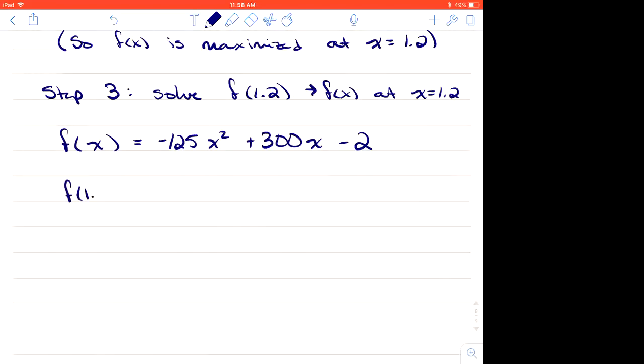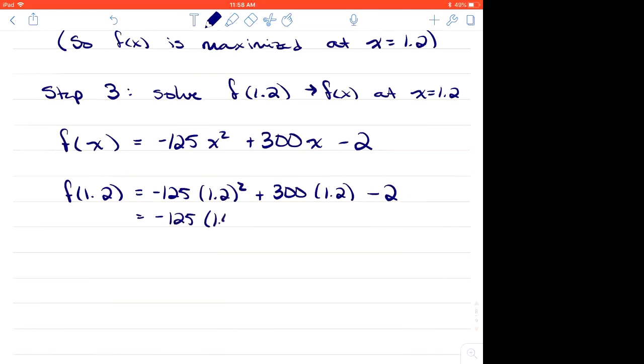So f at 1.2 is negative 125 times 1.2 squared plus 300 times 1.2 minus 2. So we have to square the 1.2 first. So 1.2 squared, negative 125 times 1.44 plus, I can simplify 300 times 1.2, 360 minus 2.